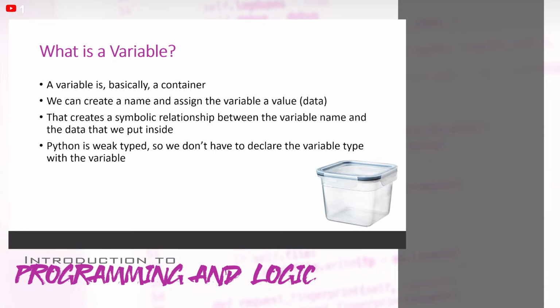Got a little Tupperware, some kind of container here on the screen. But that's really what we're thinking about when we're thinking about a variable. Some kind of container, right? So we can see, okay, we got a container here, we got a box.